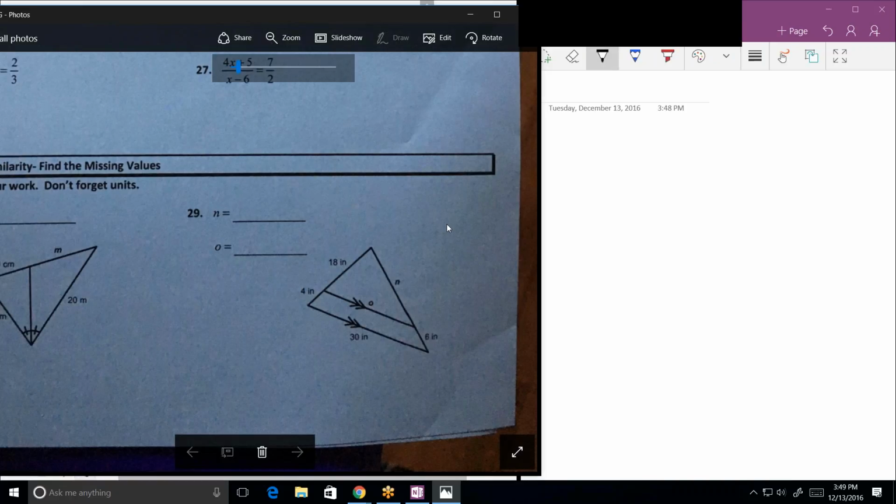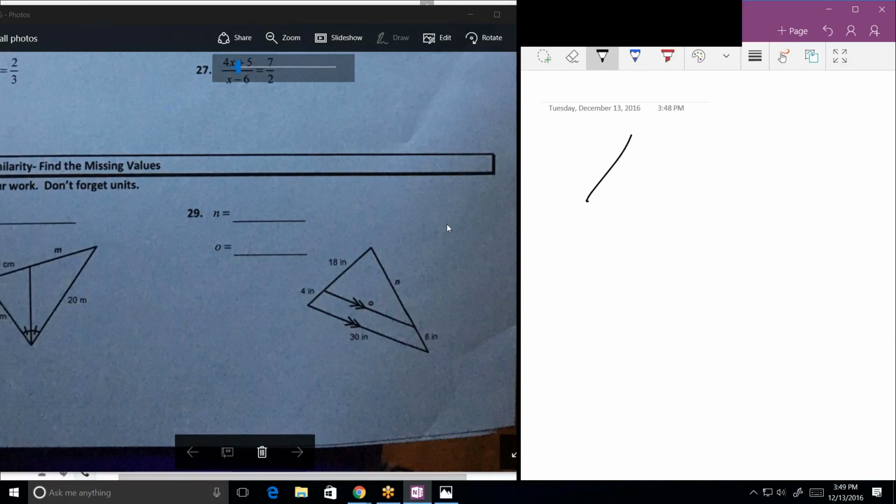And sometimes it's quite helpful if you separate out the figures. That's one triangle. That's the other triangle.